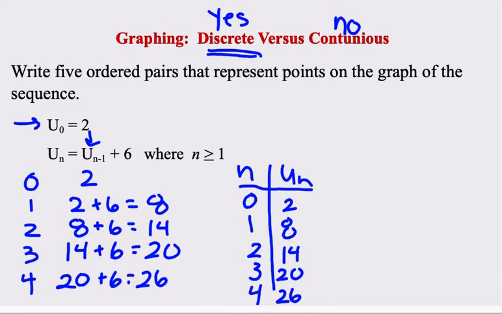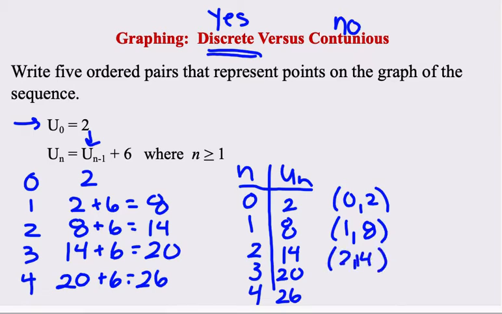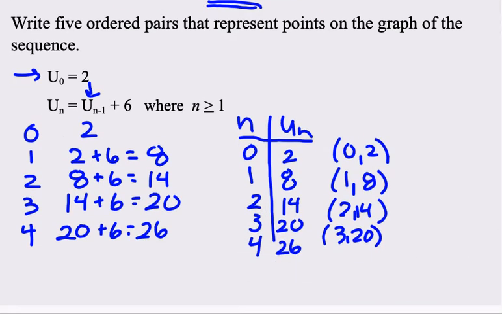So those can be made into ordered pairs. It says write 5 ordered pairs: (0, 2), (1, 8), (2, 14), (3, 20), and (4, 26). So there are the 5 ordered pairs that represent the points of a graph of a sequence.